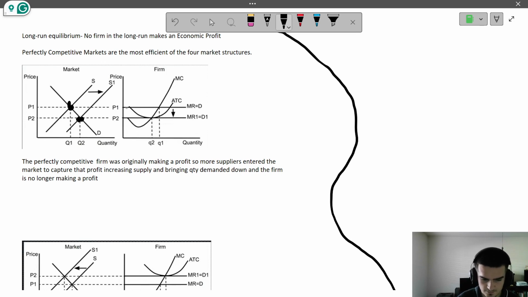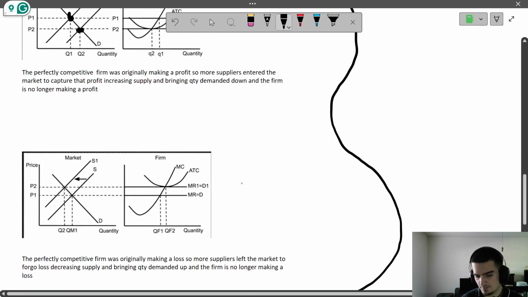So you go from here down to here, and now you're not making a profit. So the perfectly competitive firm was originally making a profit, so more suppliers entered the market to capture that profit, increasing supply and bringing quantity demanded down, and the firm is no longer making a profit.